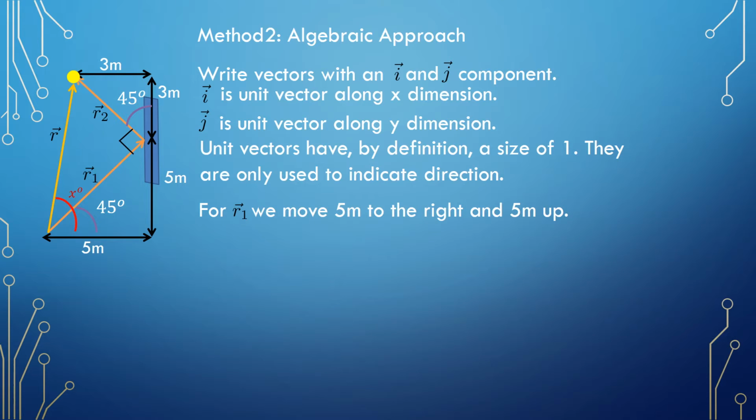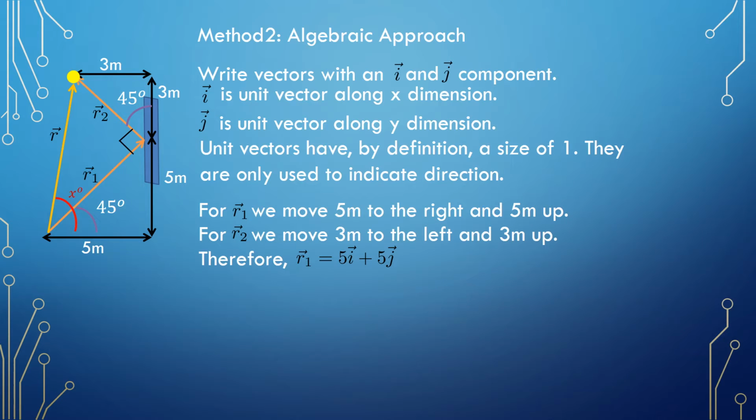So for R1, if we are going to describe the path of R1 to somebody, we can say that for R1 we moved 5 meters to the right and 5 meters up. And for R2 we moved 3 meters to the left and 3 meters up. Therefore, we can write R1 as 5i plus 5j.